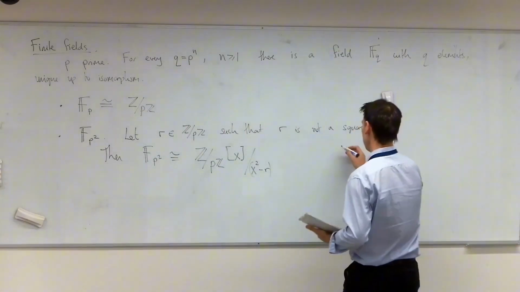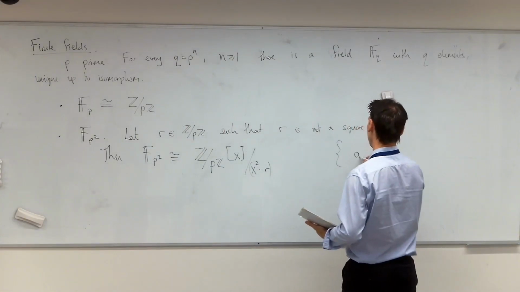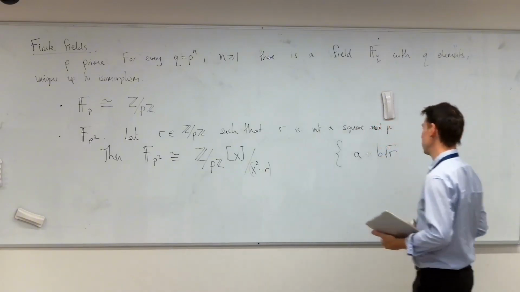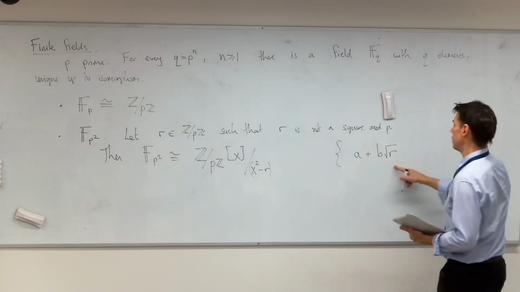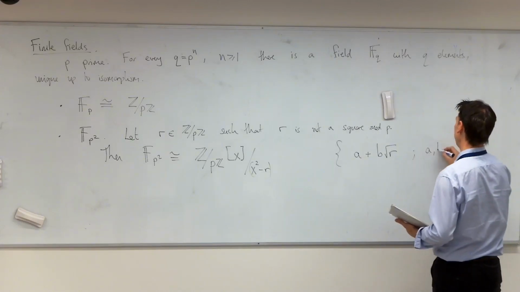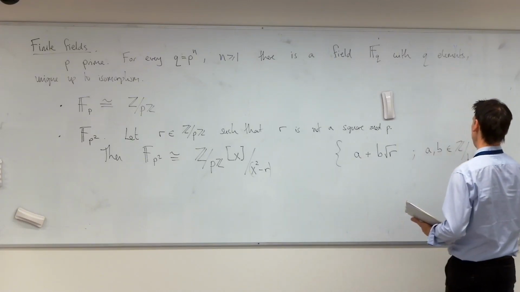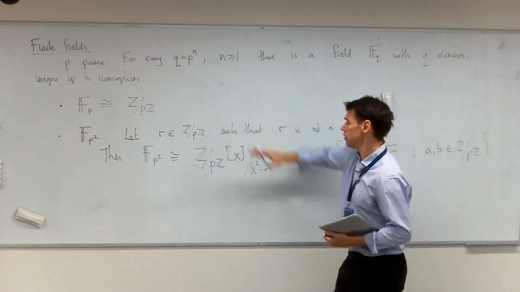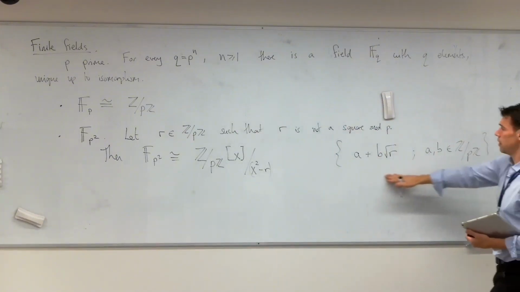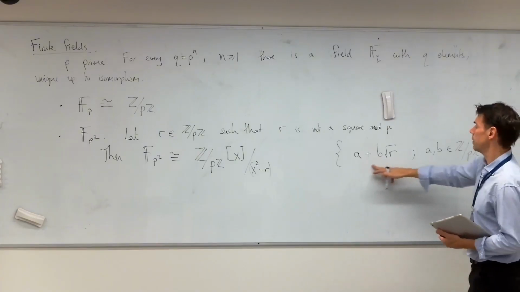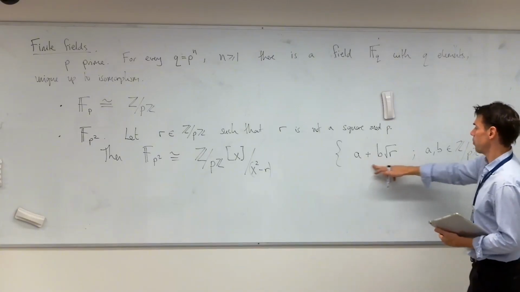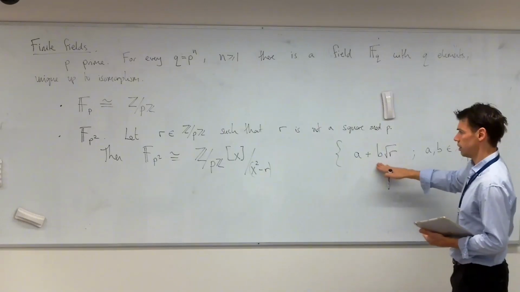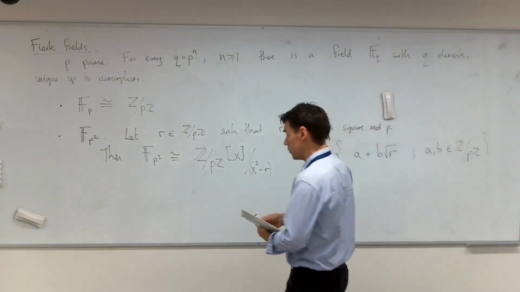In other words, it's the set of numbers a plus b square root of r, symbols of this type, where a and b are in Z mod pZ. If you've never seen this before, you can just take this as a definition. You can multiply and add expressions of this type as you would normally, and you can show that you can also take their inverses if they're non-zero. So you get a field.